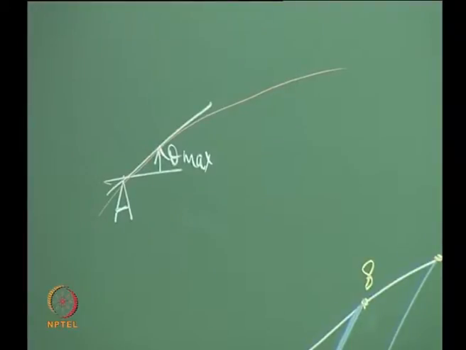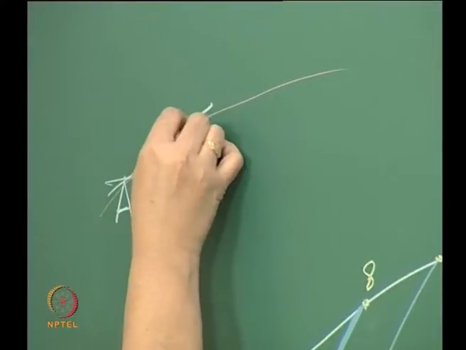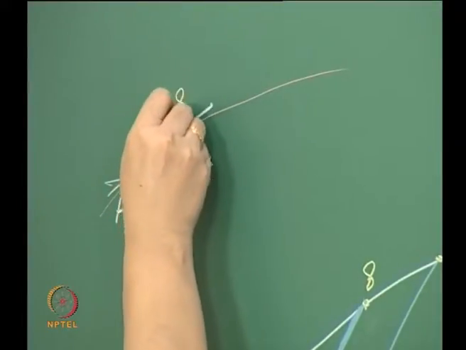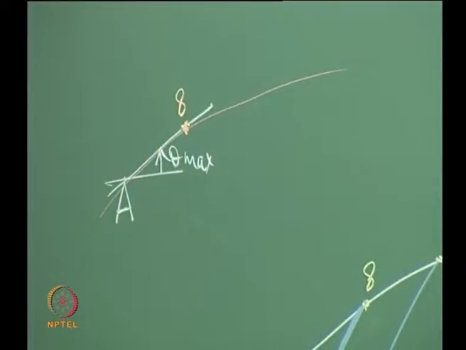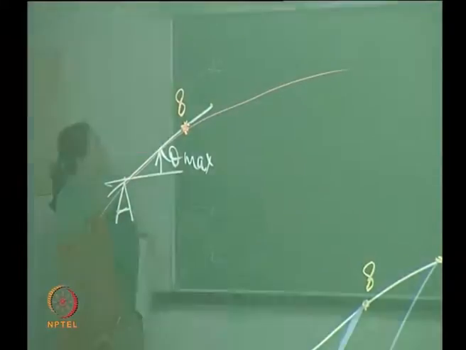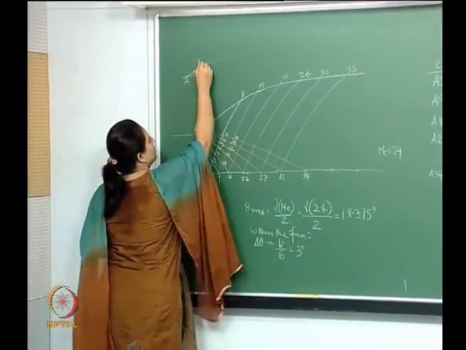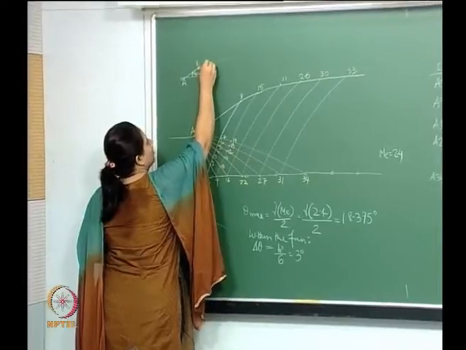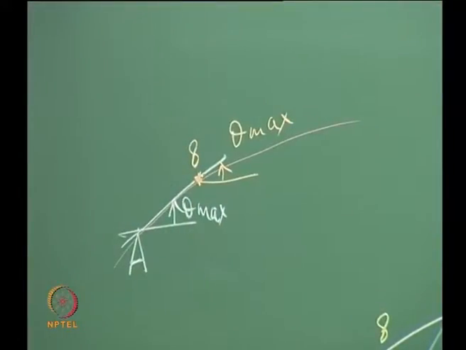So I will take a point here, in this case point 8, which lies on the same tangent which goes through A. We are going to connect A and this point 8 by a straight line, which means that this too is theta max. We're going to connect it by a straight line, right?